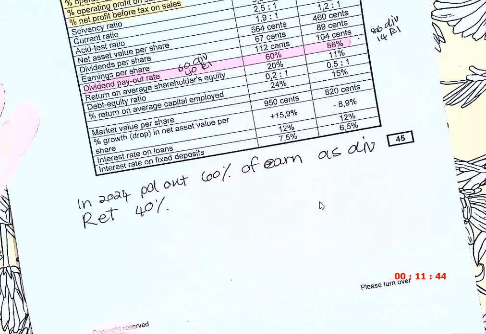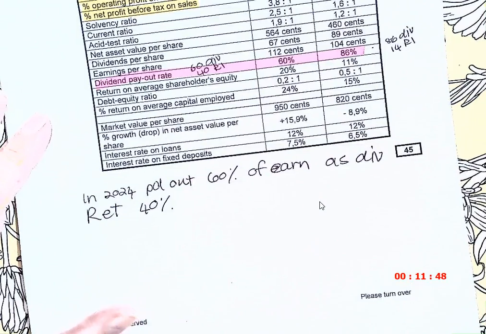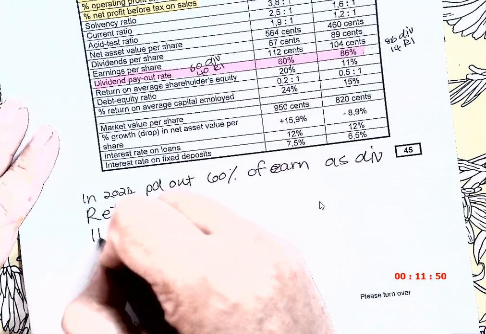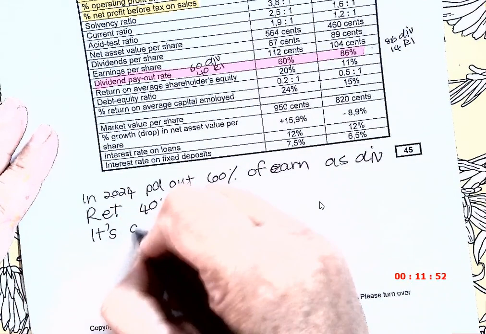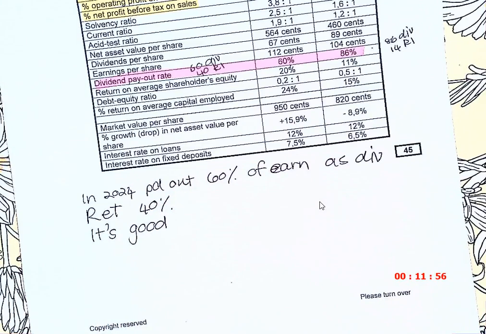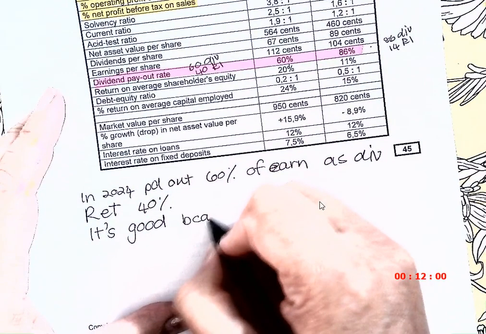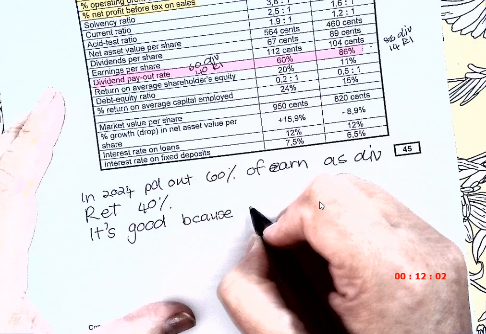Right, that's what I would. Then I would say, okay, it's good. I'm not going to say it's responsible because that's too long a word. And I want to save time. So I'm going to say it's good because why? What's happening? They save more.